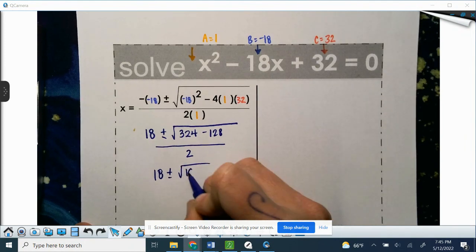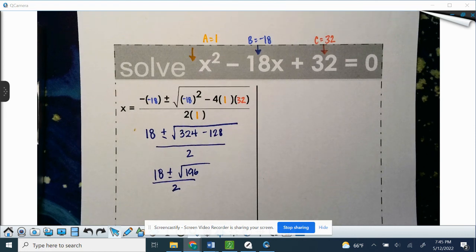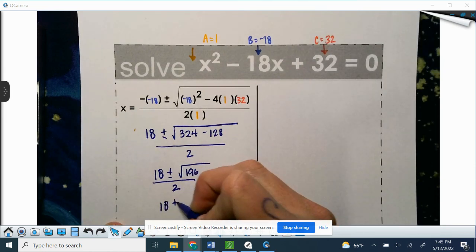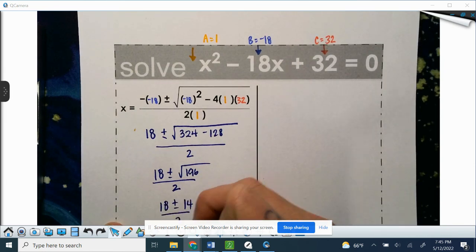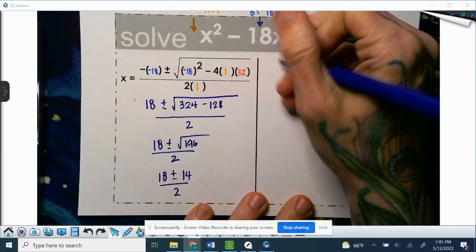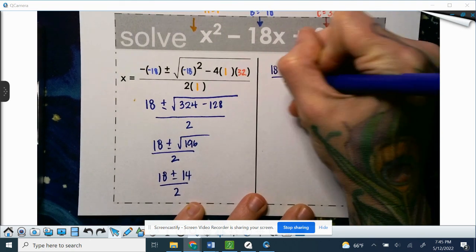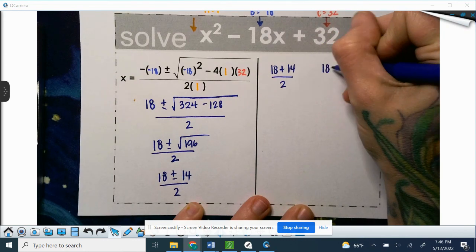So it's 18 plus or minus the square root of 196, all over 2. Now, I would try to see if you can do the square root of 196 and get a nice neat number, which we can. That's 14. So it's 18 plus or minus 14 over 2. That plus or minus means we now have to do this twice, one time with addition and one time with subtraction. So 18 plus 14 divided by 2, and then 18 minus 14 divided by 2.